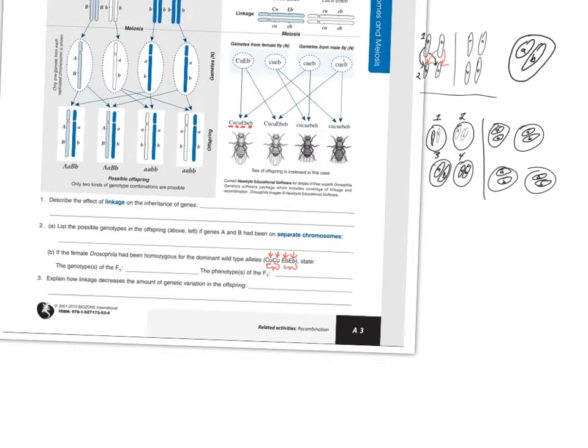Same thing as if it were big A, little b, big A, little b. But instead of big A, little b, they have big CU and little cu and big EB and little EB. All right. So again, this is also heterozygous, same, because you have one dominant here and one recessive here. Now these are linked.